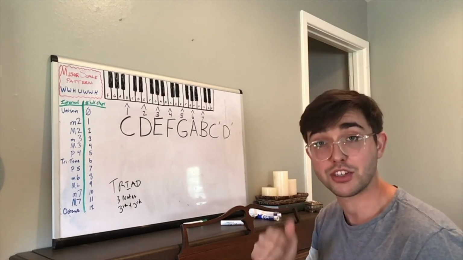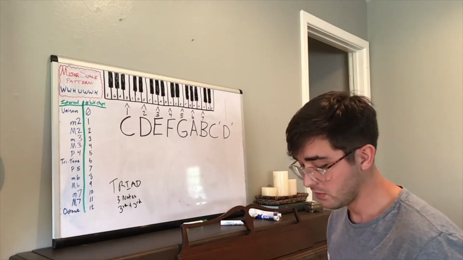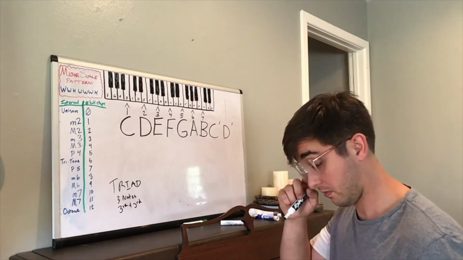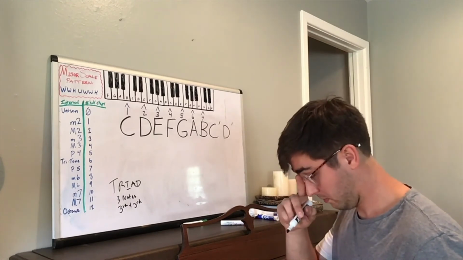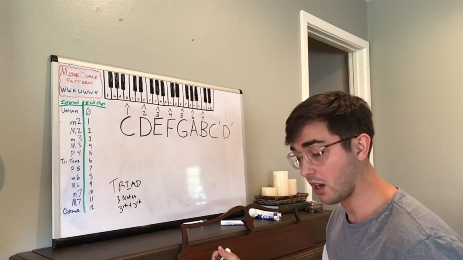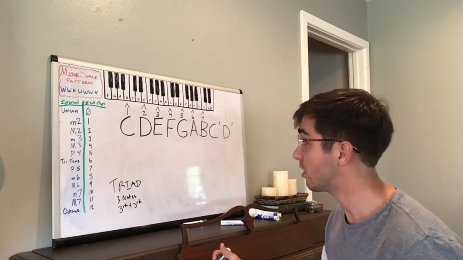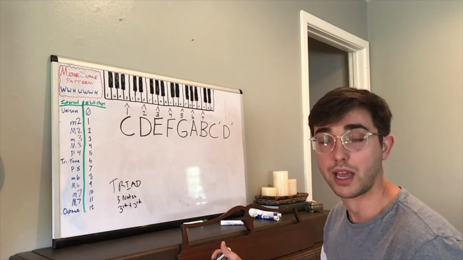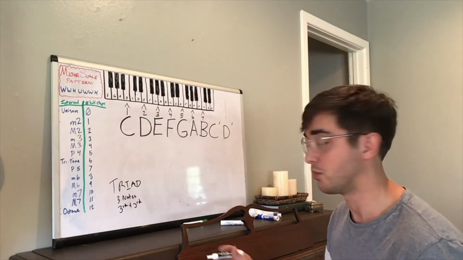They can either be major or they can be minor. So let's start on scale degree 1 and see what triad we have from scale degree 1.